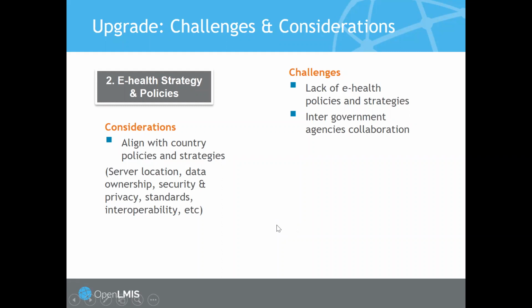For example, if the country has policies for server location, data ownership, security, access, interoperability, all these aspects, if they are covered in the e-health strategy and policy, they must be followed, because if not, they can undermine all the efforts when upgrading.